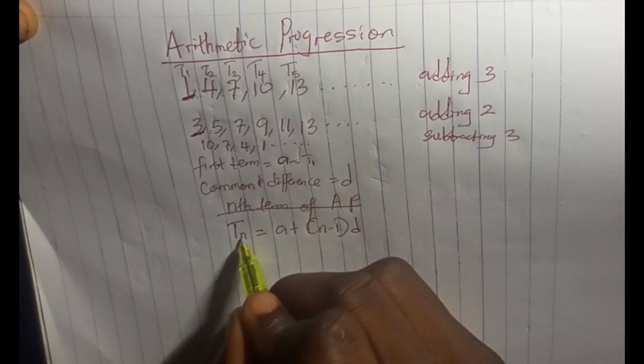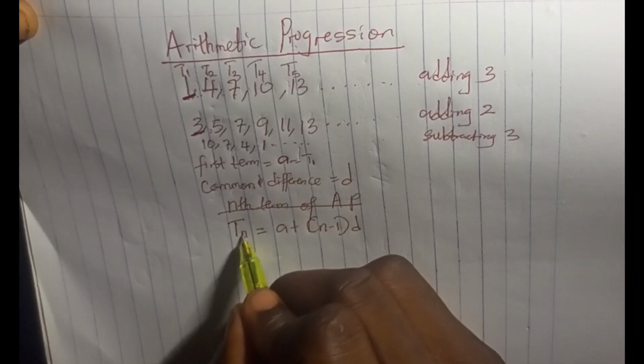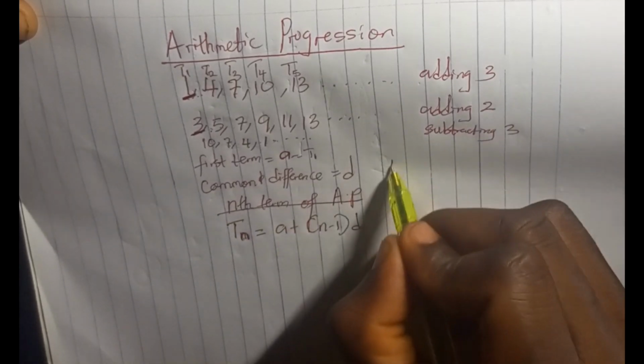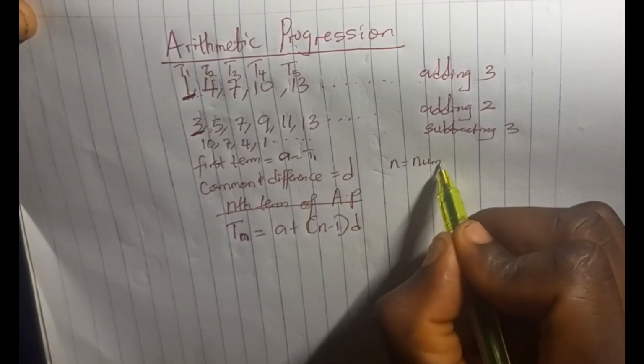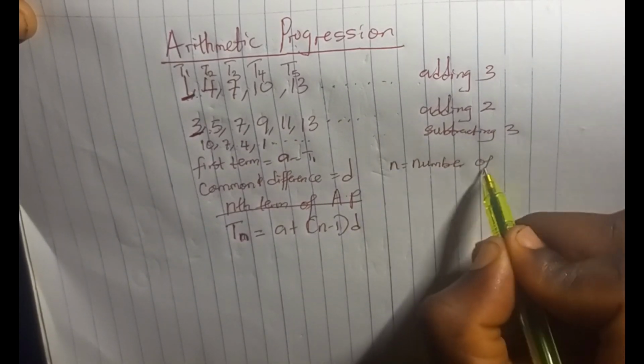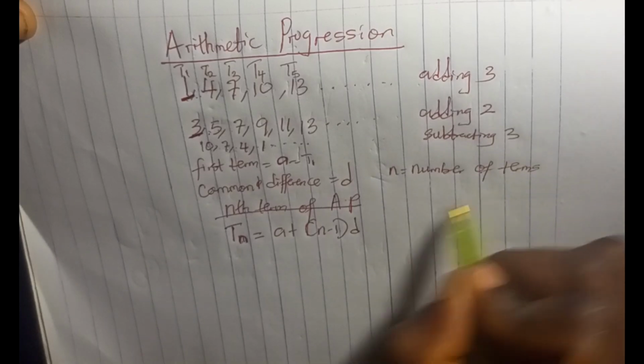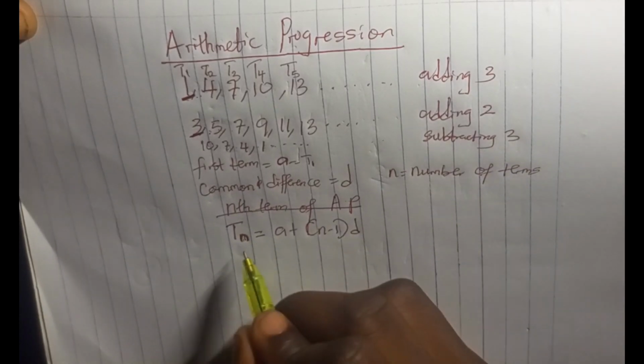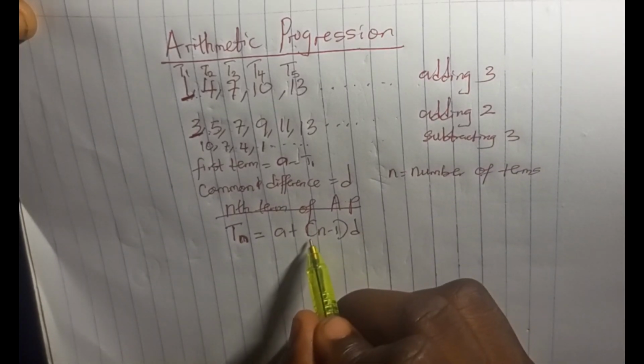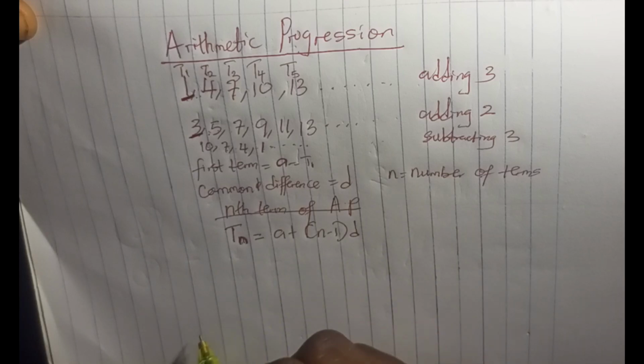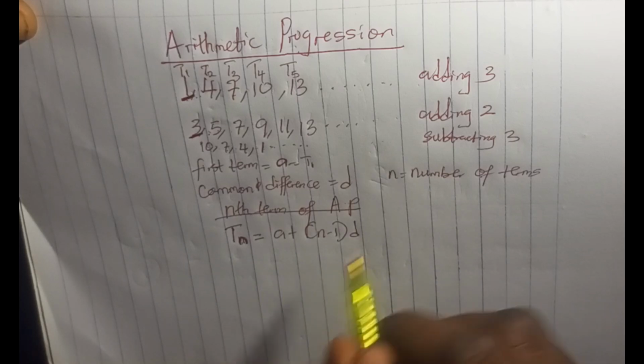Now if I want to get T20, where this n that you are seeing here is the number of terms, this formula is used to get a particular term in a sequence.